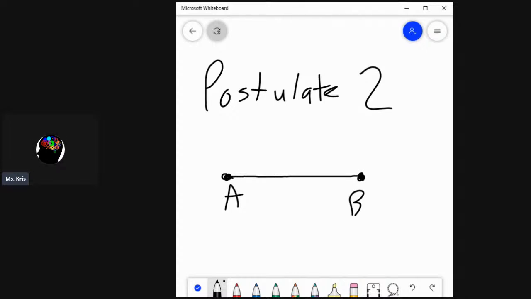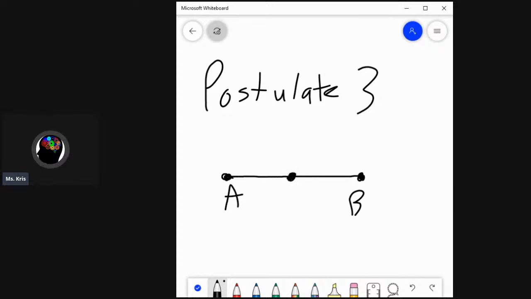Now, postulate 3, which is also the segment addition postulate. Sometimes you'll have a point.